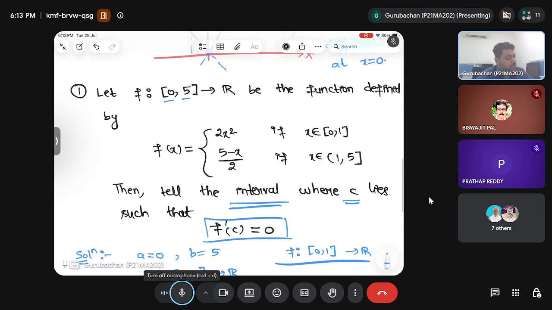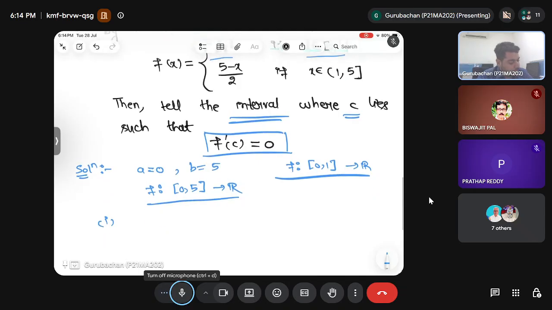Now if you observe that in the interval 0, 1, this function is 2x square. It's a polynomial. So we can say that f is continuous on closed interval 0, 1 as 2x square is a polynomial.